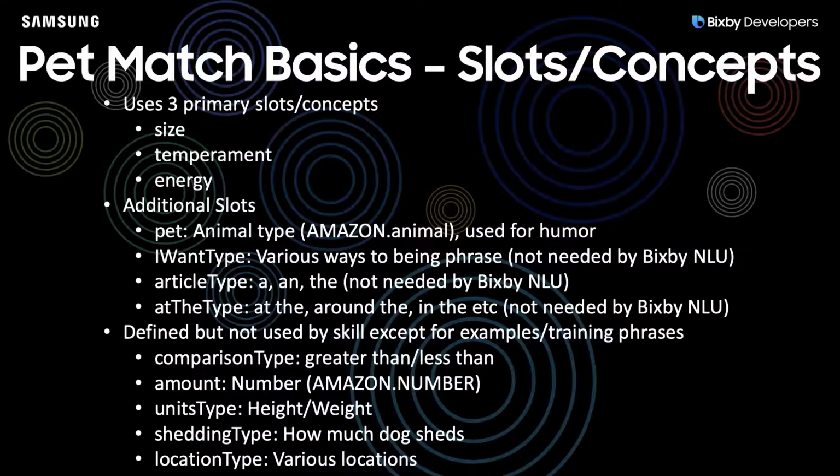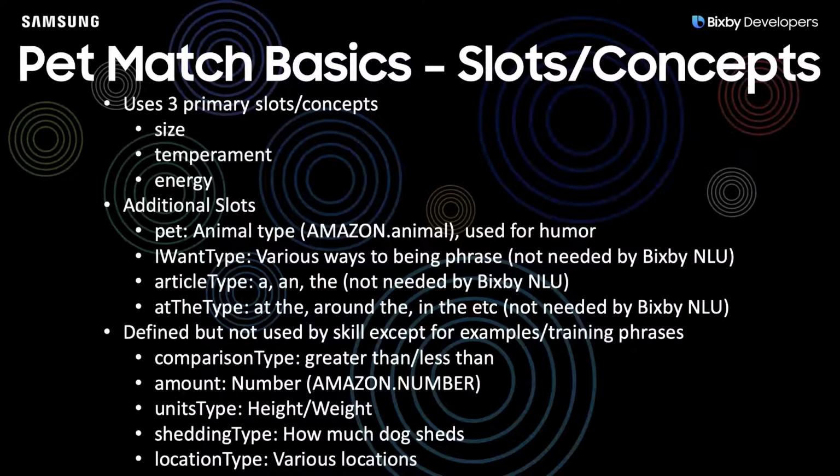Now in this skill, there's additional slots. There's a pet slot, which automatically gets filled with dog. And there's some things I want type, article type, at the type. They're kind of helping Alexa with some of the natural language understanding. I did not need to create these for Bixby. Bixby's NLU did not require me to do so.